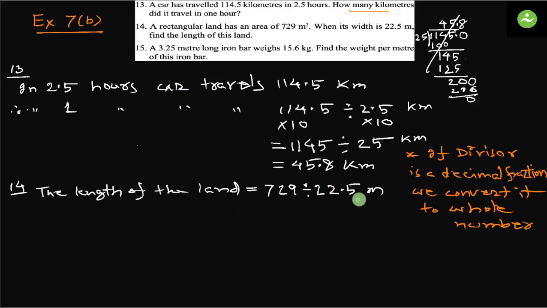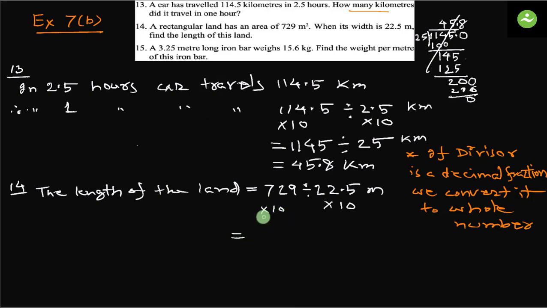Now this is a decimal fraction, we must convert it into whole number. So we need to multiply by 10. We multiply the dividend also by the same number.